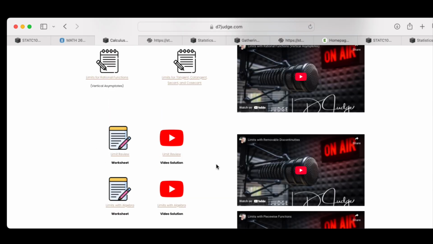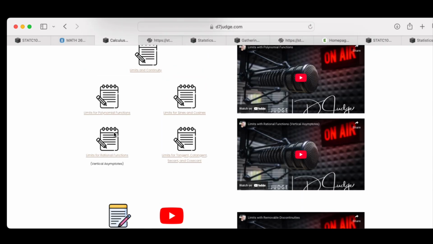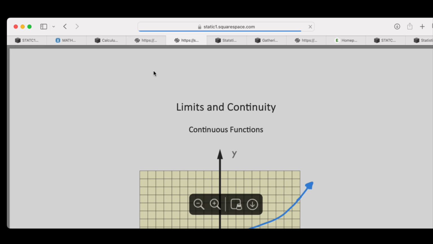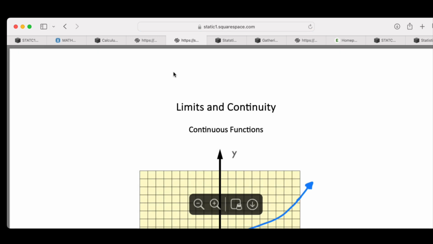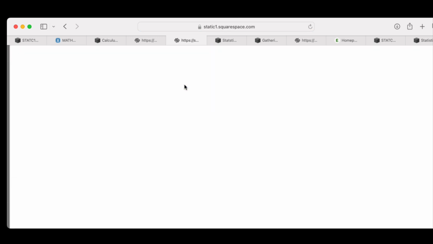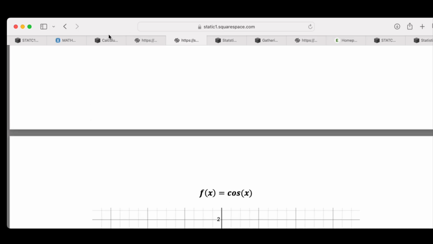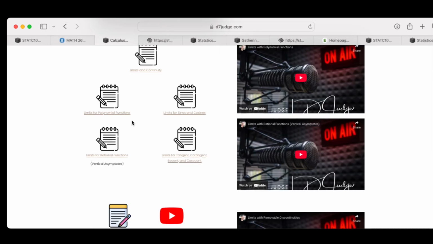So I was working on these notes here. If you look at the original notes I worked on, it has a video. I do have a lot of the details here, but I put it all together in one sheet. I'm separating the topics: limits, polynomial functions, limits for sines and cosines, limits for rational functions where you have vertical asymptotes, limits for the cotangent, tangent, secant. Those are rational functions, believe it or not.